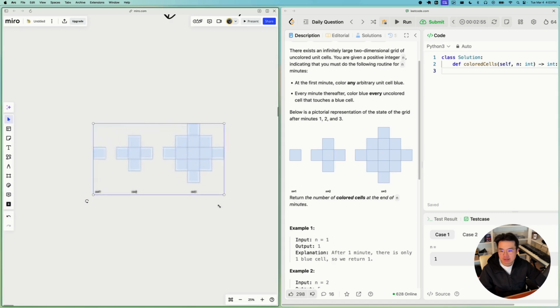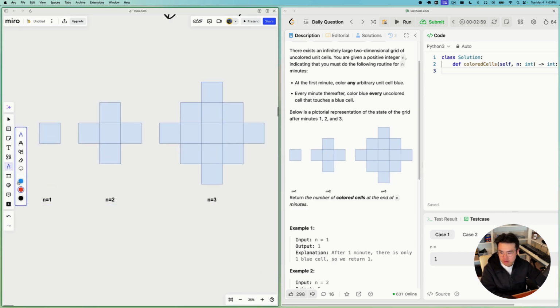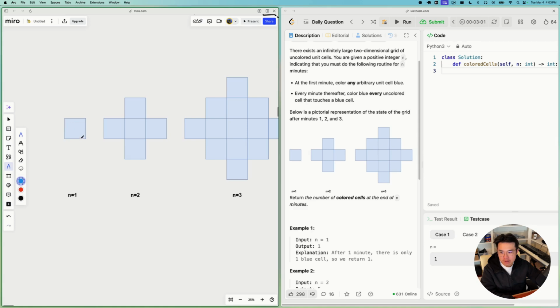Because what I'm thinking, and I don't know if this is correct, but I kind of see a pattern. For n is 1, obviously there's only one cube, right? So we make the cube, and then we give it this cross type thing, and that will become 2.